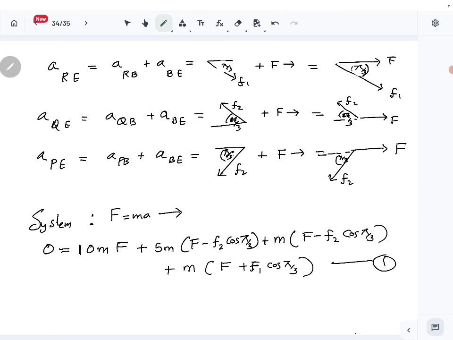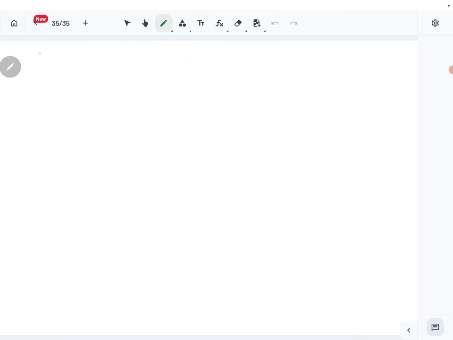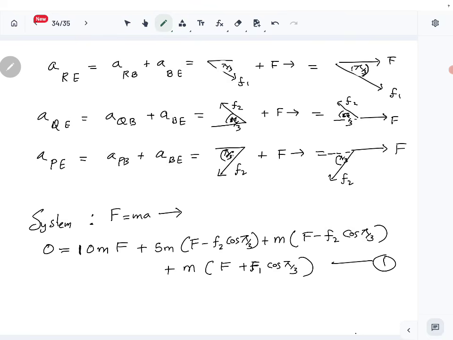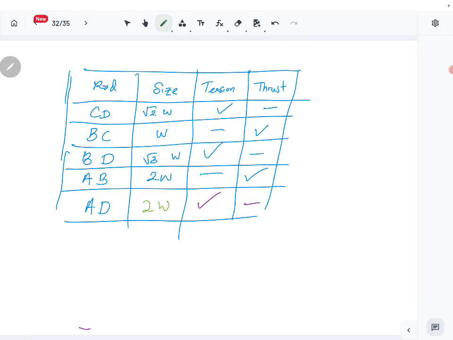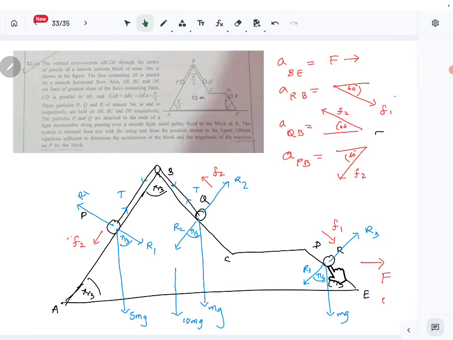Then do three equations for the particles. We'll start with the particle R. F equals ma along the plane down. So for this R, what is the only component? The weight component, mg sine pi over 3.